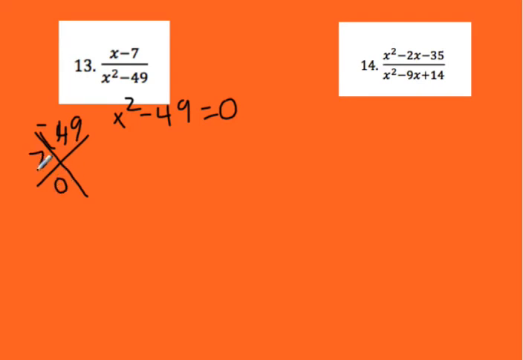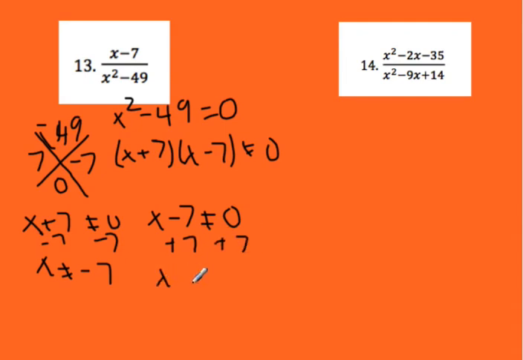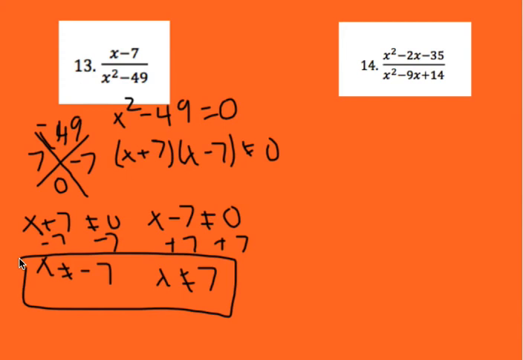So we're multiplying to negative 49 and adding to 0. That's going to be 7 and negative 7. So I'm going to go ahead and write that like so. Now I'm going to take each of these and set them so that they don't equal 0. So here, when you subtract 7 from both sides, you get x cannot be negative 7. Here, add 7 to both sides, and you get that x cannot be 7. So these two right here are your excluded values.